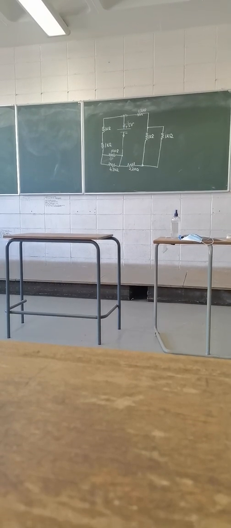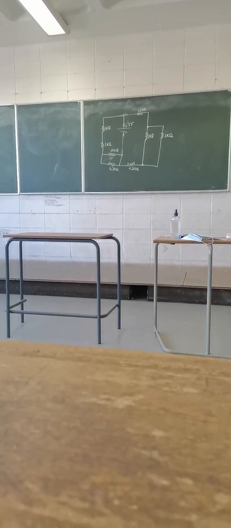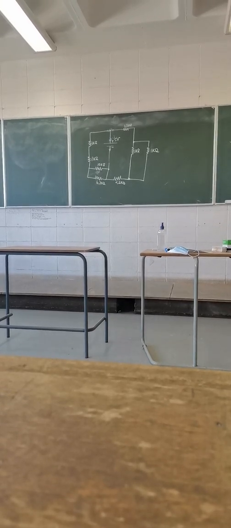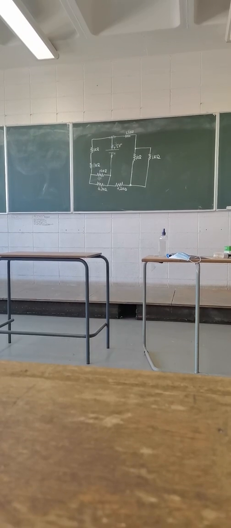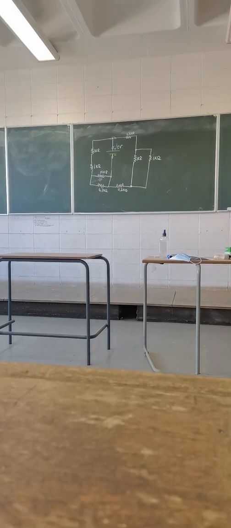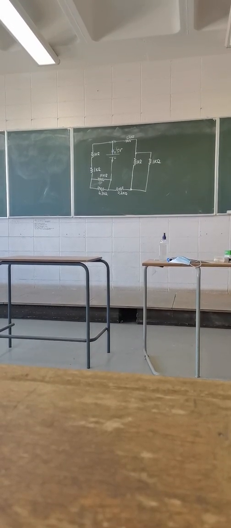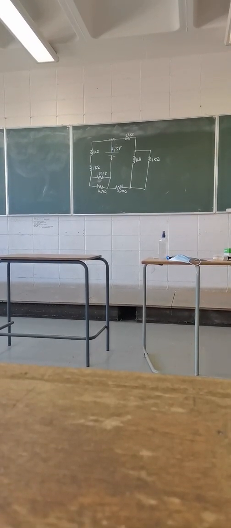It has got two magnitudes. Let me start from here. The current entering the junction must be equal to the sum of the current leaving the junction. Provided that the sum of the current entering the junction is equal to the current leaving the junction.